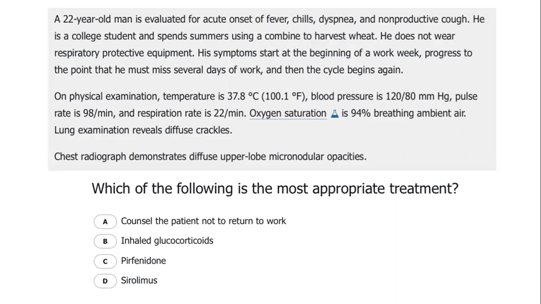Okay, so can anyone summarize this concisely with the important, pertinent pieces of clinical information? What is this clinical syndrome? I'll walk you through it.